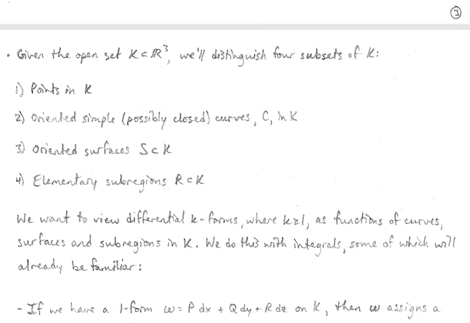We take a point in K, plug it into a differential 0 form, and get a real number. For differential 1 forms, 2 forms, and 3 forms, we take the integral over this subset, a curve, a surface, or a subregion, of a fixed differential 1, 2, or 3 form, and we get a finite real number in the end.